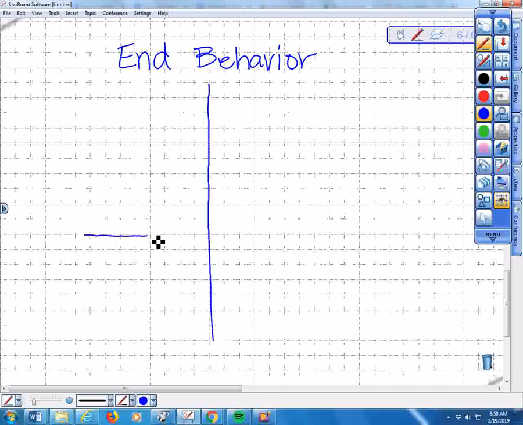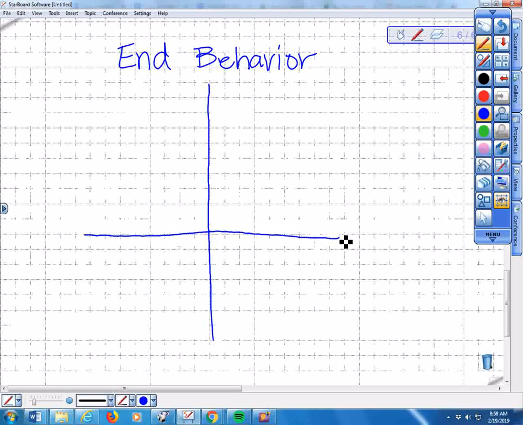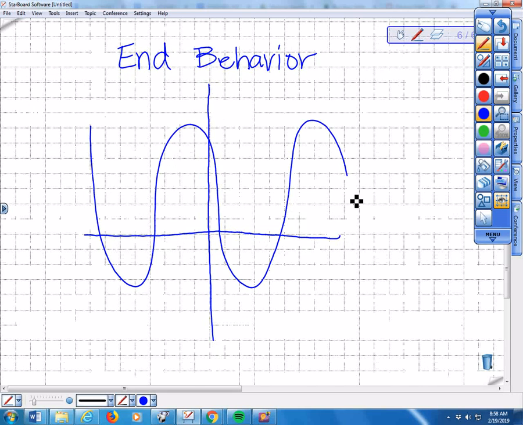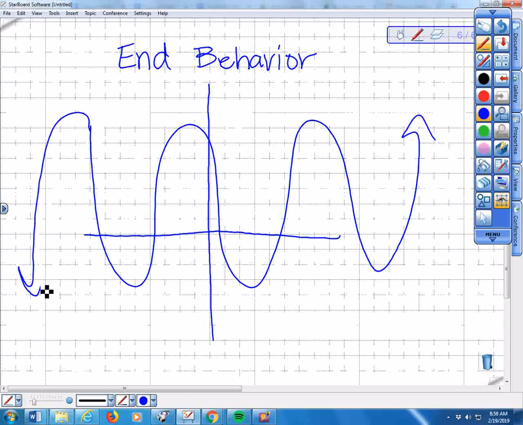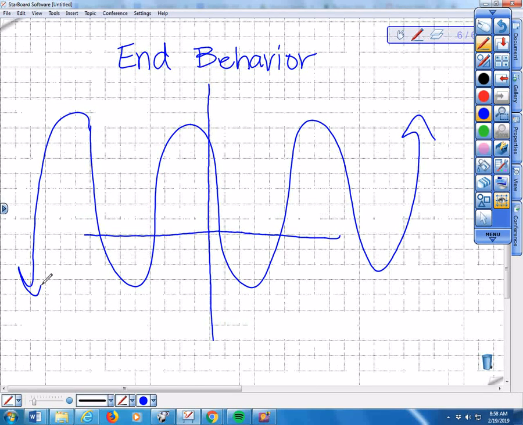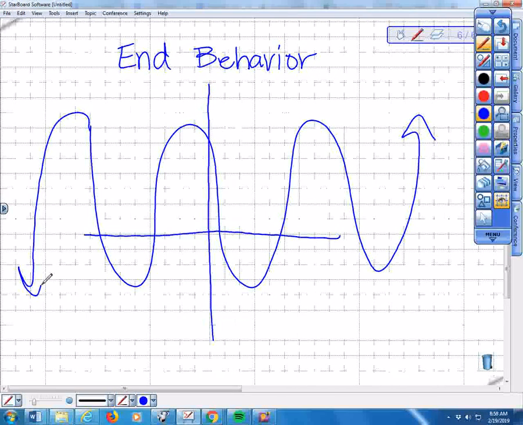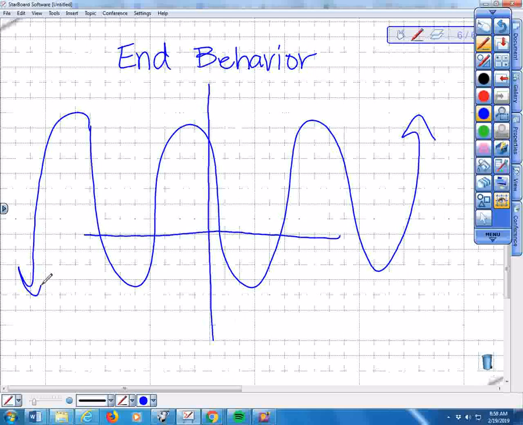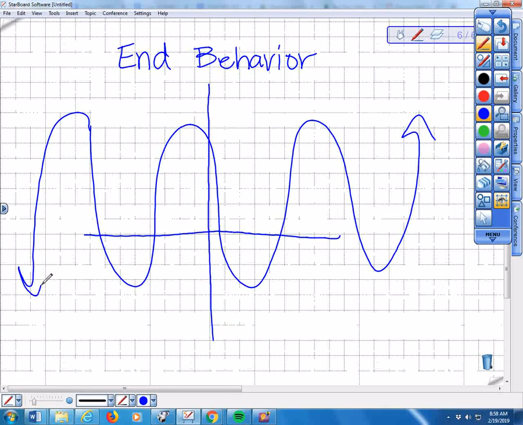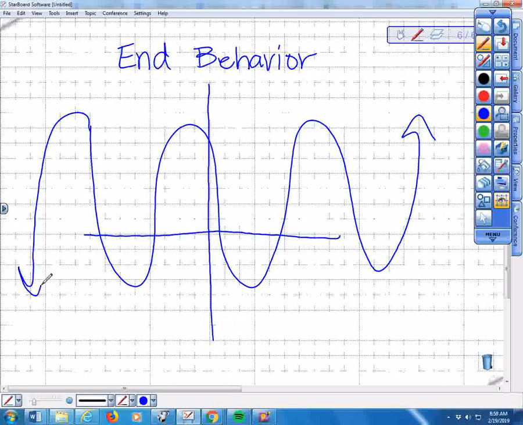So, there are lots of different polynomials. Maybe this is one. This one actually goes through the x-axis 1, 2, 3, 4, 5, 6, 7 times. The end behavior is what happens when it doesn't turn anymore. It just takes off and goes forever in one direction. That's the end behavior.